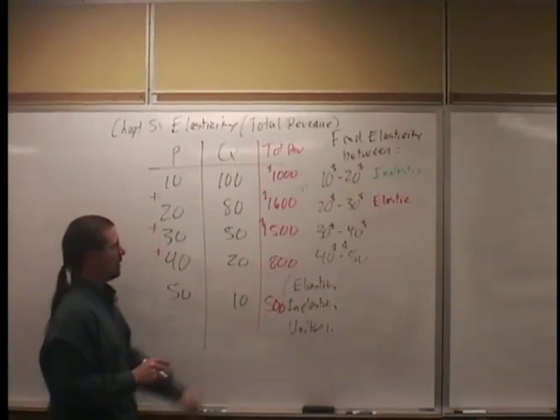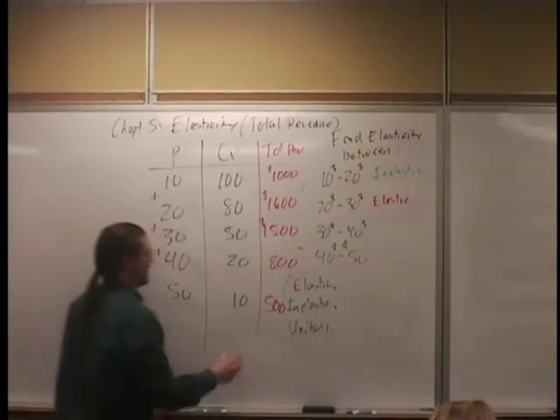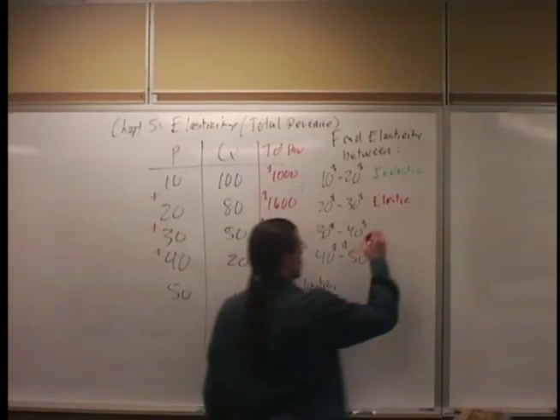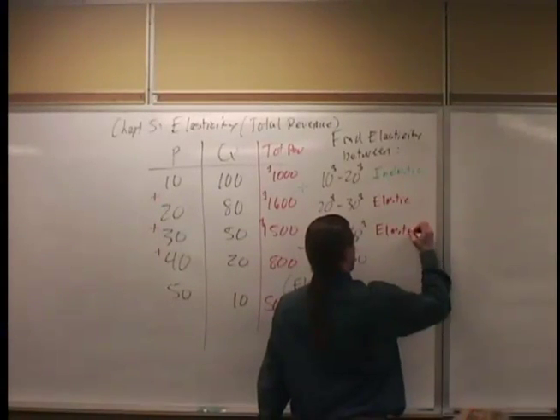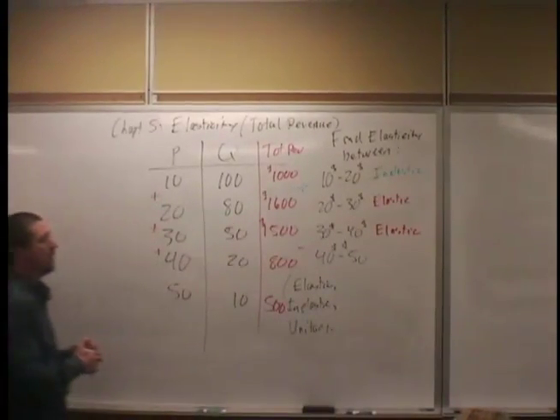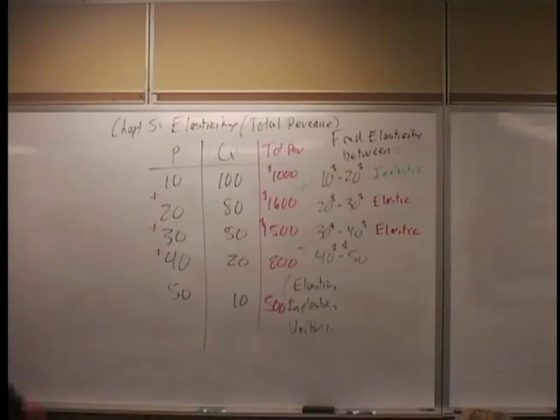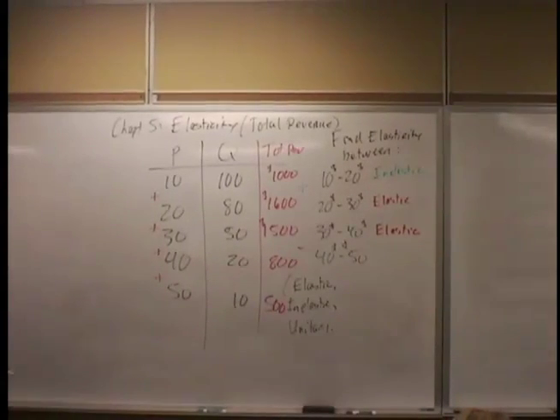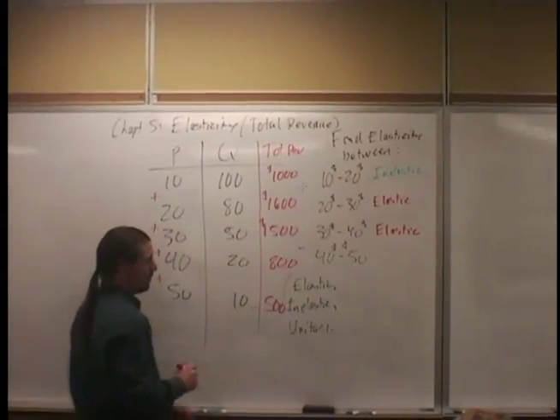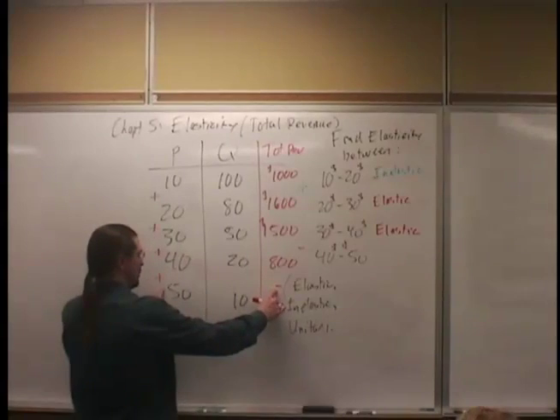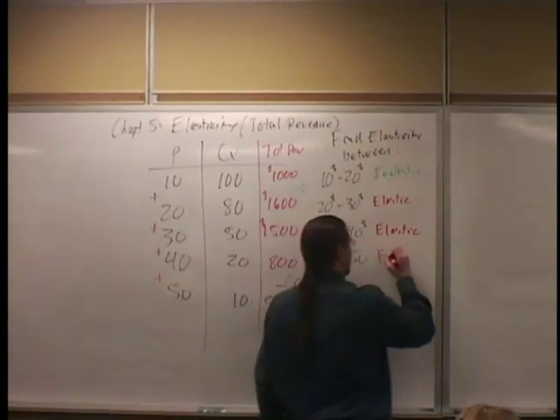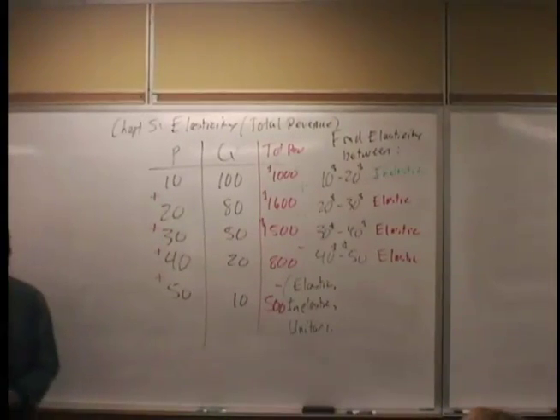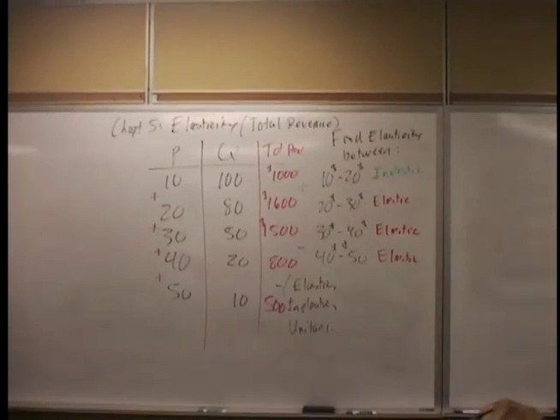Total revenue, going down. If they're still opposite, we are still elastic. Last time, and hopefully you've seen the pattern by now, the price went up from $40 to $50. Total revenue, down. We're still elastic. Okay? That's all the more you need to do to determine elasticity.